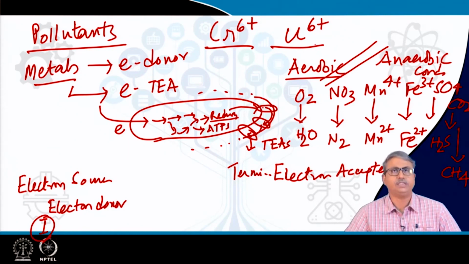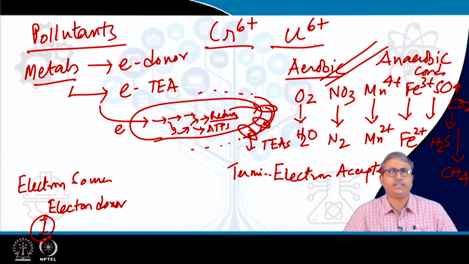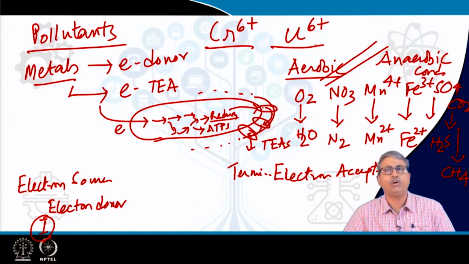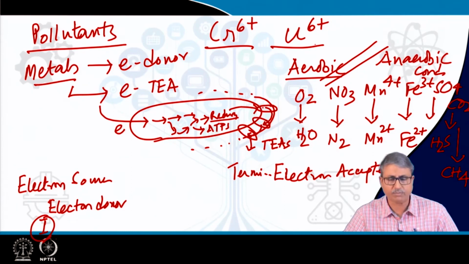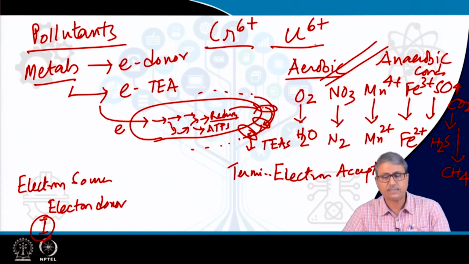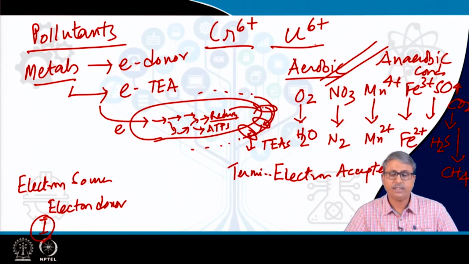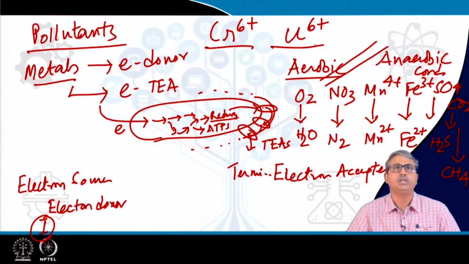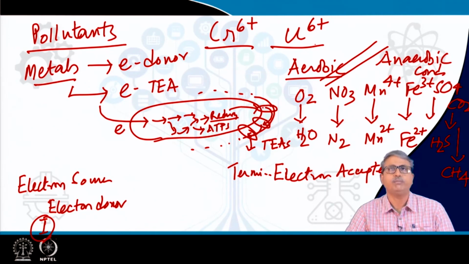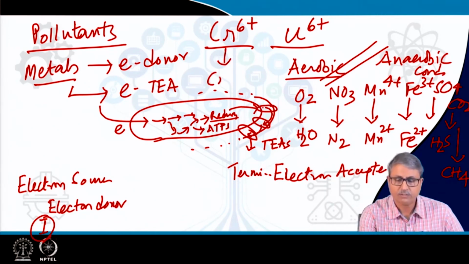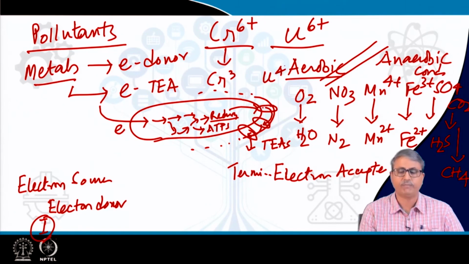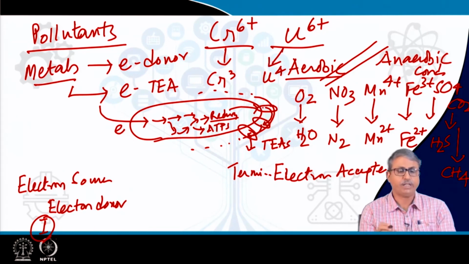Under the prevailing conditions, it has been found that many bacteria, it is not the property of one particular group of bacteria, but many groups of bacteria are capable of utilizing chromate or uranium 6 plus as an electron acceptor, and they use diverse mechanisms to reduce chromium 6 to chromium 3, and uranium 6 to uranium 4. So, that is point number 2.